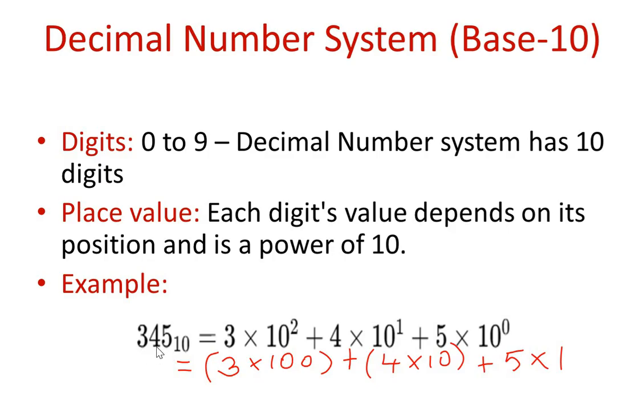Since it is in the tens position, we can write this as 4 into 10 to the power 1. Next, the digit 3 is in hundreds position, so we can write this hundreds position in terms of powers of 10 as 10 to the power 2. So this is how we are representing the place value.